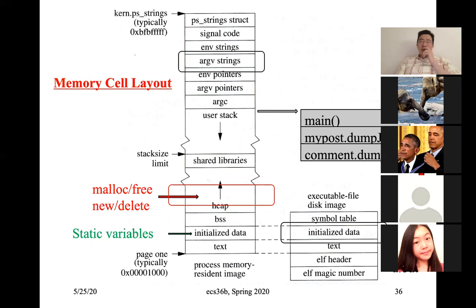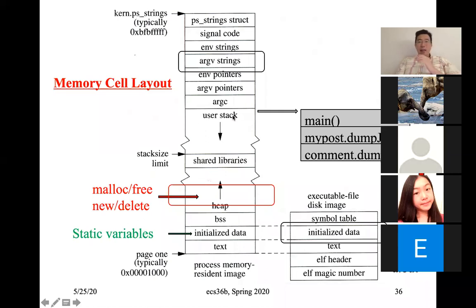But the other reason is that vector actually comes out of the heap. So if you use vector, all your stuff is on the heap, which means it will stay there for a while. But on the user stack, it's gone after it's done. That's why array is actually on the user stack, so you have to be careful. If you want to use array, the data will be gone after you exit that particular scope.